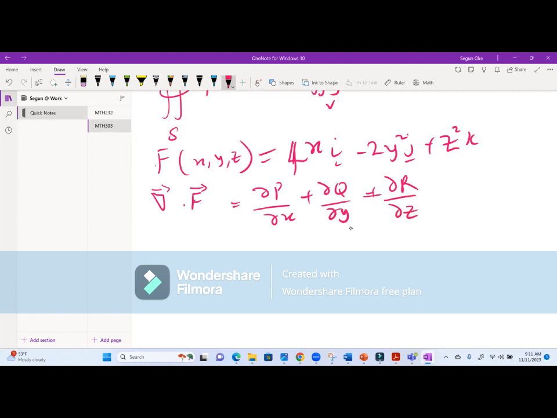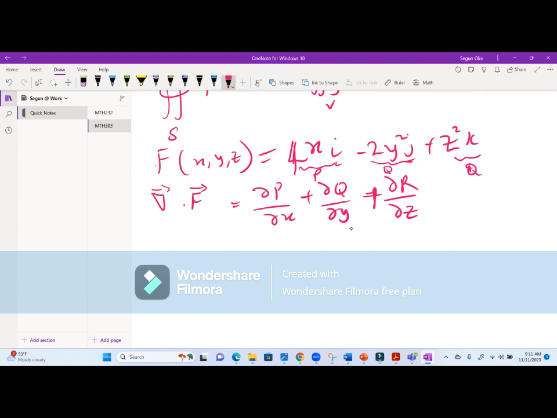The question can be in a different form. You can see this one now. So what is our P? In this case, which one will represent it? This is our P. This is our Q. And this is our R. So it's pretty simple.